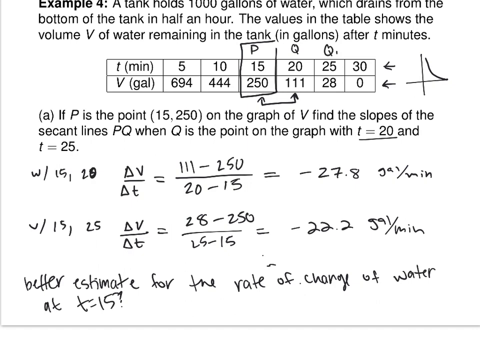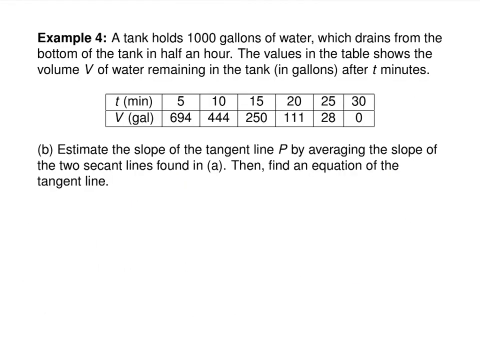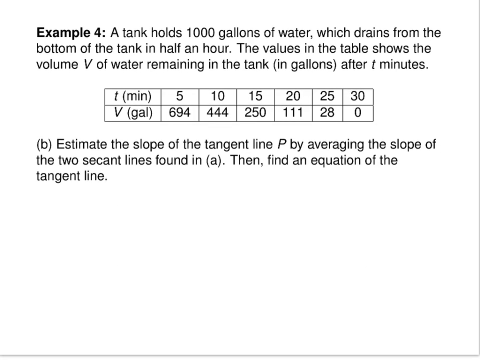Okay. And then the last question before we break for a few minutes will be to estimate the slope by averaging the slopes in part A. So we'll estimate the slope as the average of negative 27.8 and minus 22.2, even if it isn't very good, divided by 2, which gives us minus 25.